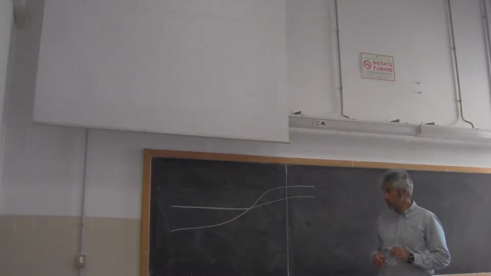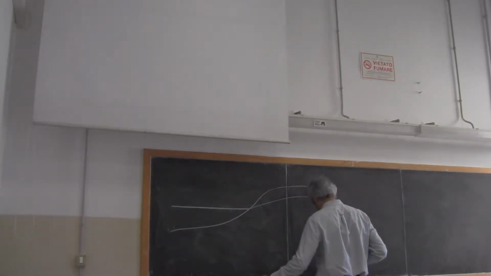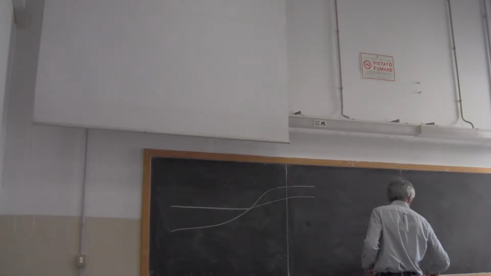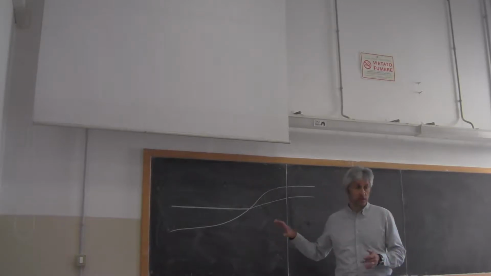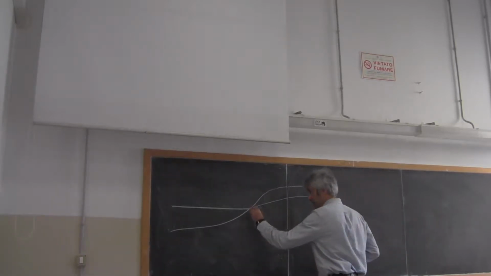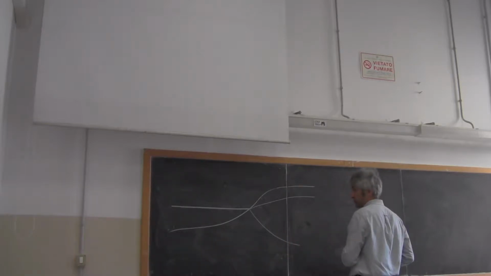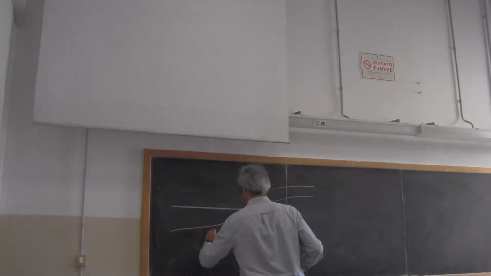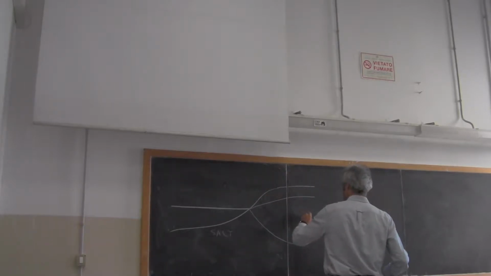What we studied is that in the underground there is a surface which in this cross-section profile appears as a line which separates salt water from fresh water. Here we have salt water and here we have fresh water.